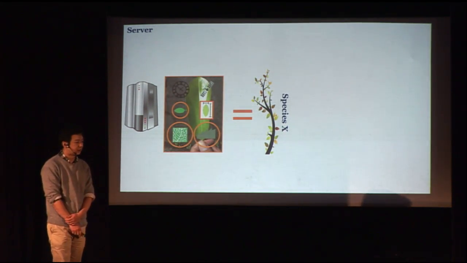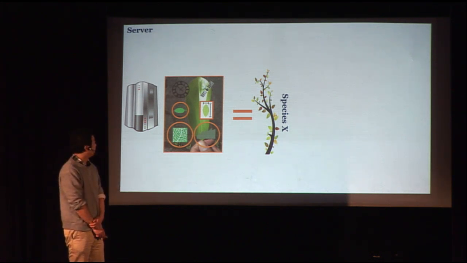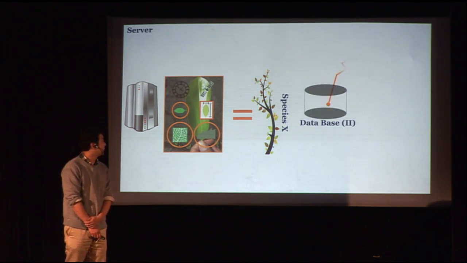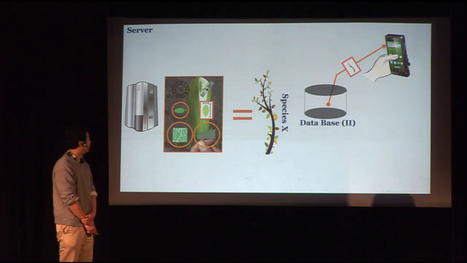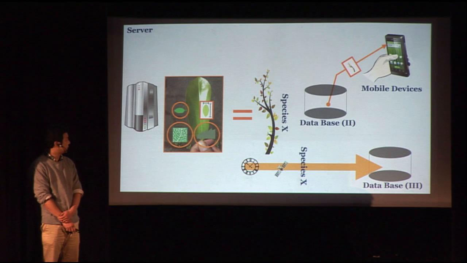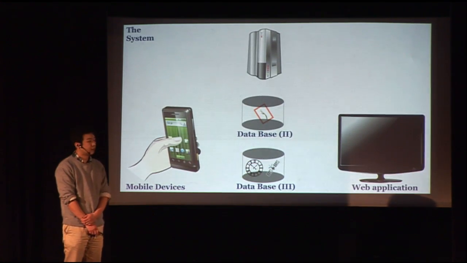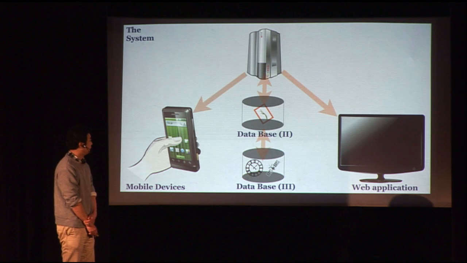Let's say it's species X. Then the server will extract the information about species X from database 2 and send it to the smartphone. And at the same time, the time and the location of species X will go to database 3. So the system will work together like this.